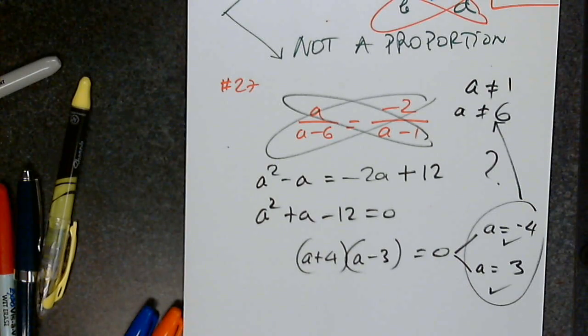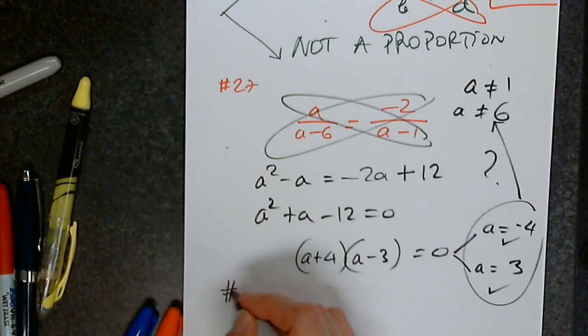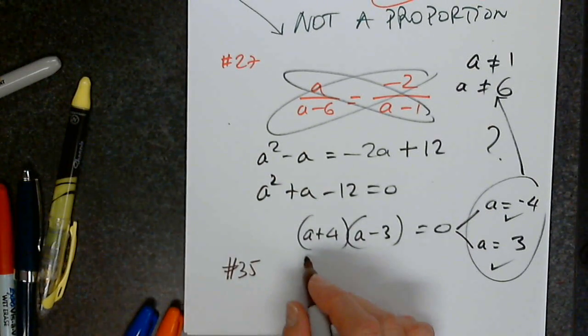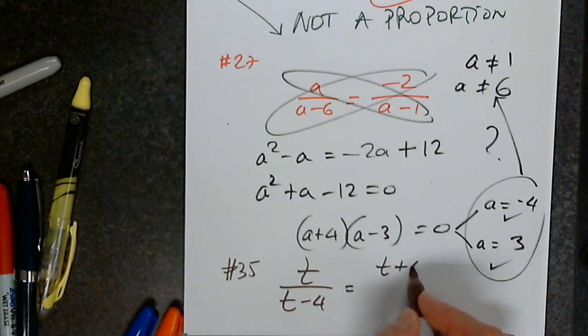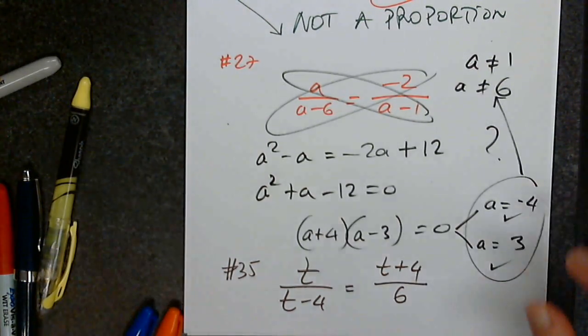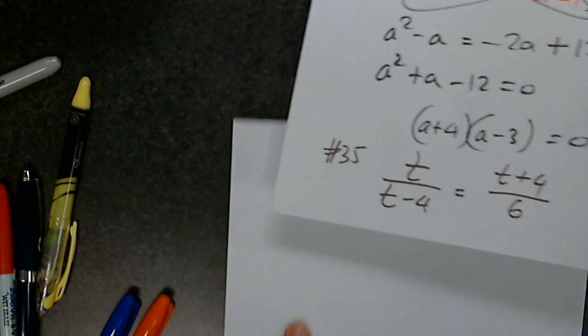Next problem, let's say 35. T over t minus 4 equals t plus 4 divided by 6. 1 minute. Okay, 2.